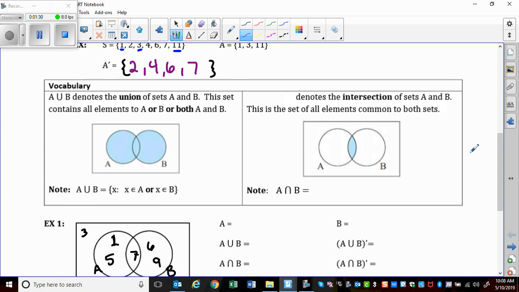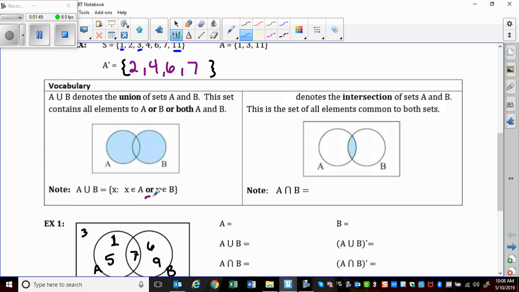It says A union B is denoted this way. This means union, and this means intersection. The union of sets A and B means all of A, all of B, and the intersection.